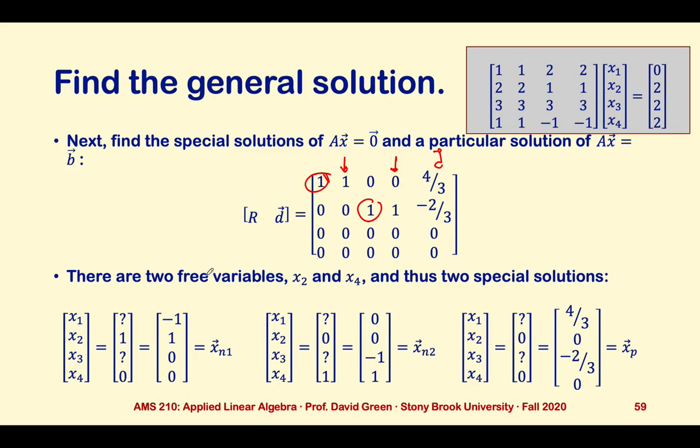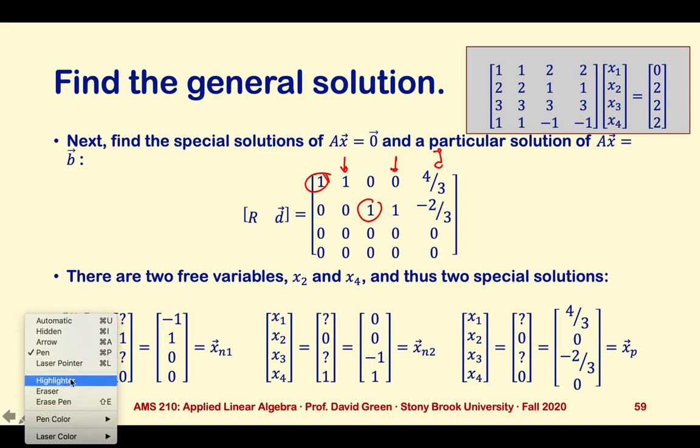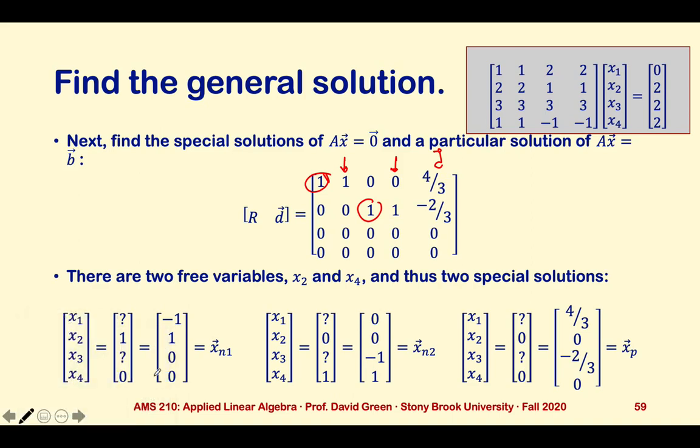Okay. How do we then generate our special solutions and our particular solutions? Special solutions are generated in exactly the same way. 2 free variables, x2 and x4. First of all, set x2 to be 1 and x4 to be 0.